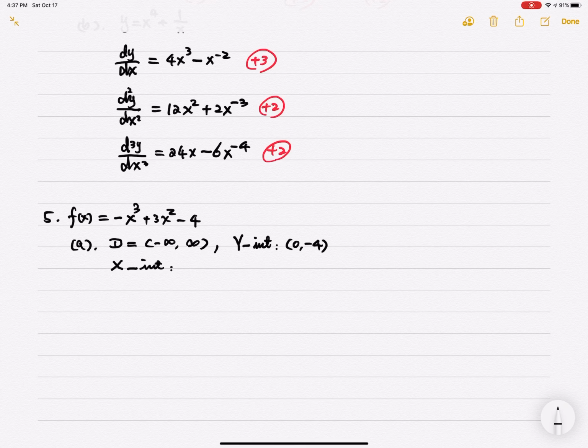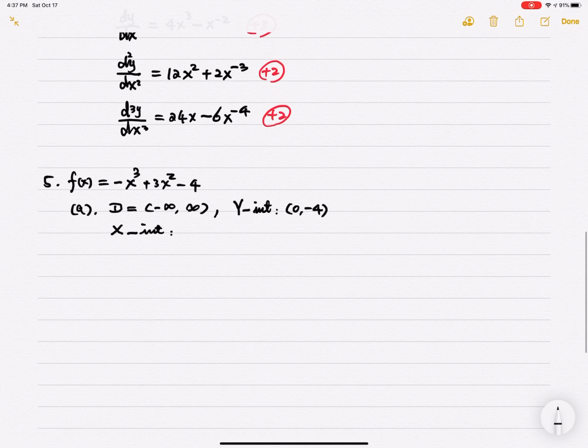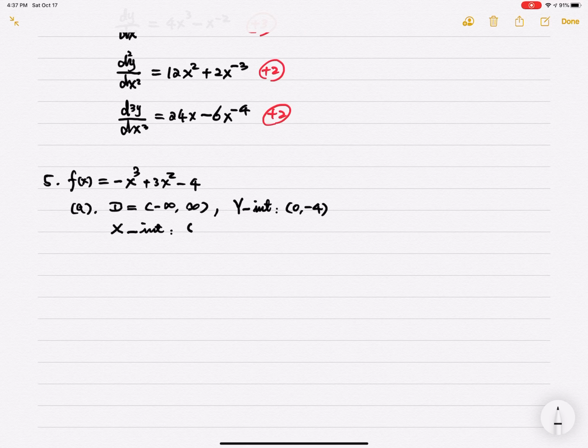But if you put negative 1 in, x to the 3rd is negative 1, and negative x cubed is positive 1. And negative 1 squared is positive 1, so positive 1 plus 3 minus 4 is equal to 0. So it's the point negative 1, 0.